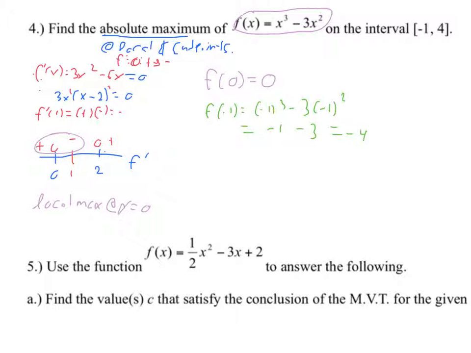What is f of 4? 16. So which one of these is the largest y value? Well, 0, -4, and 16. The absolute maximum of this on that interval is 16.